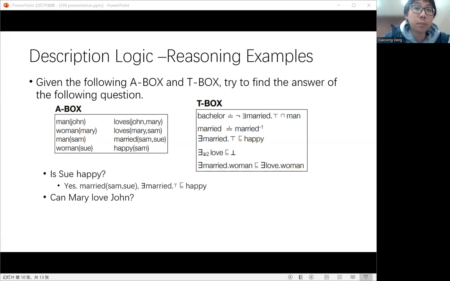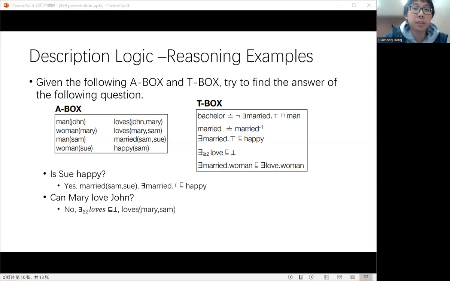The answer is no, because in the T box we have a rule that everyone can love at most one person, and the A box has told us that Mary loves Sam, so she can't love one more guy.